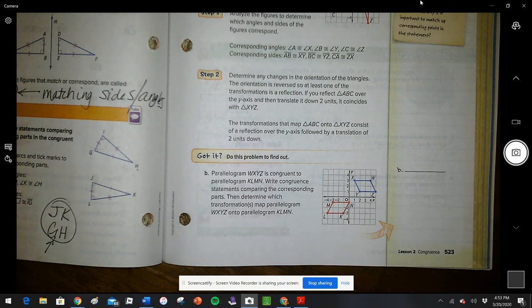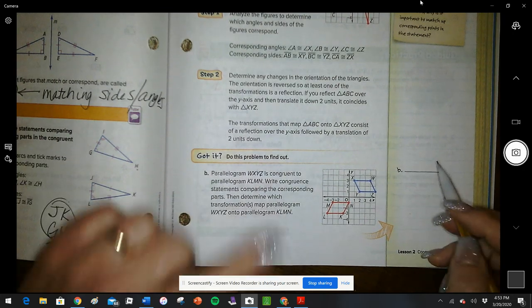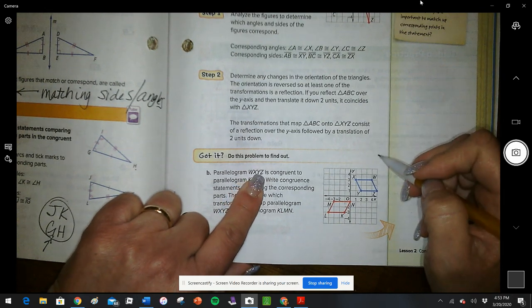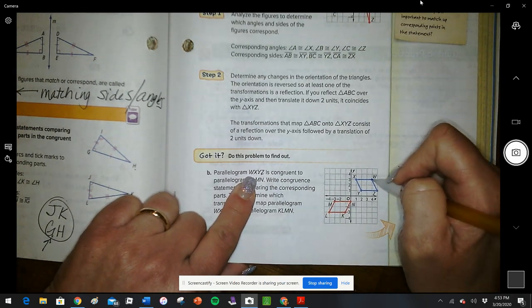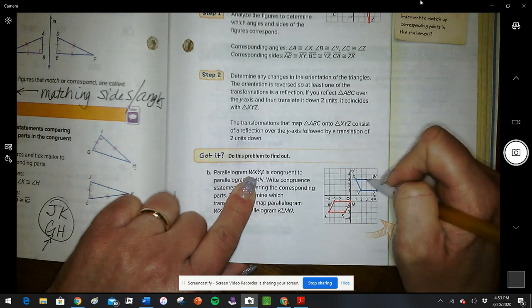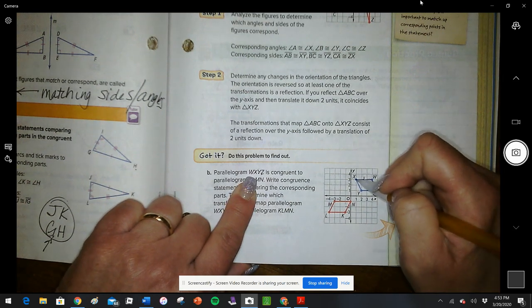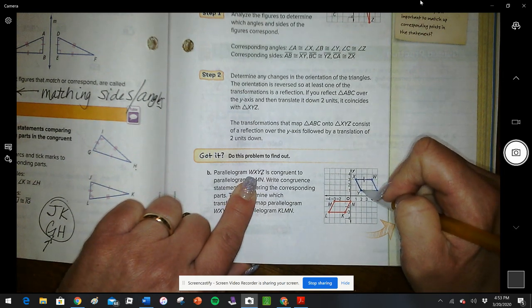So one of the easiest, funnest things to do, and I'm actually going to get a pencil so you can see it a little bit better, is, since it says WX, then Y, then Z, right? So W to X, as I go around my parallelogram, I'm going to put a 1 in there, okay? WXY, this is the second side.